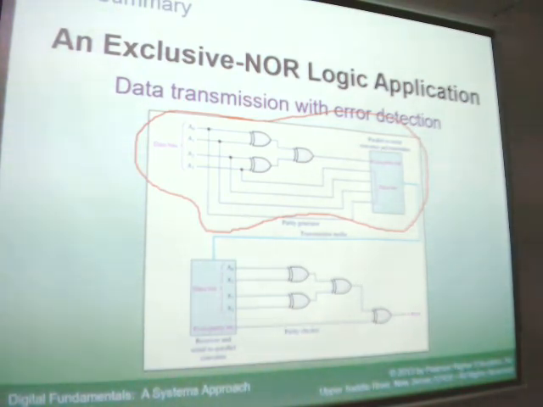There are 4 bits: A0, A1, A2, and A3. 4-bit data are input in the 4 inputs.